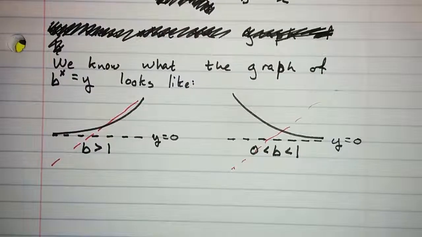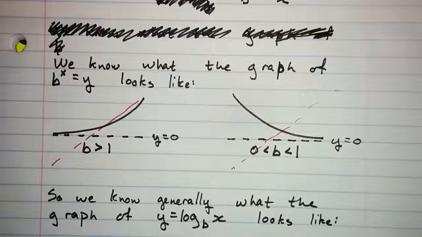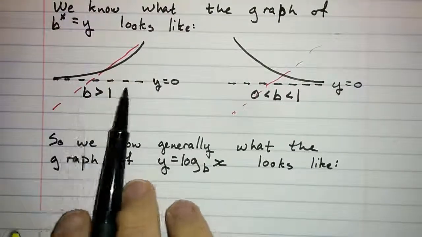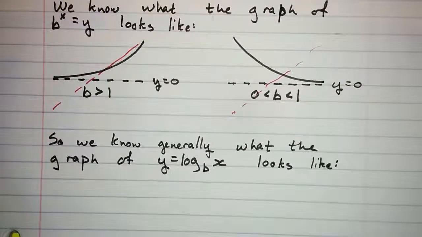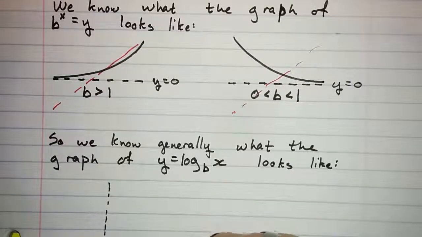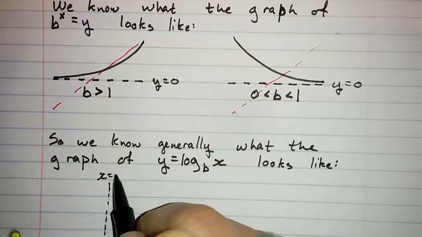So we know, just in a very general way, what the graph of y equals log b of x looks like. When we reflect it, this horizontal asymptote becomes a vertical asymptote, the line x equals 0.